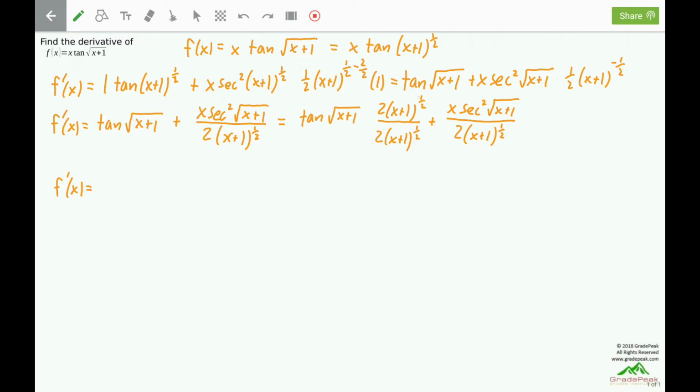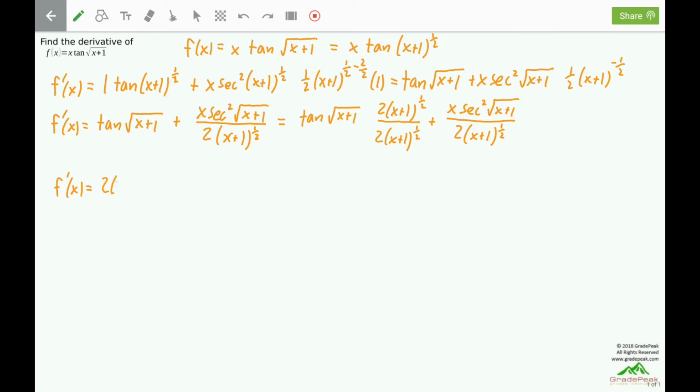Now the numerator of the first one will be this multiplying each other. This is not going to end up inside the tangent. The tangent will only have the square root of x plus 1 in there. That 2 times x plus 1 to the 1/2, that is outside of the tangent. So I'm going to write it first.